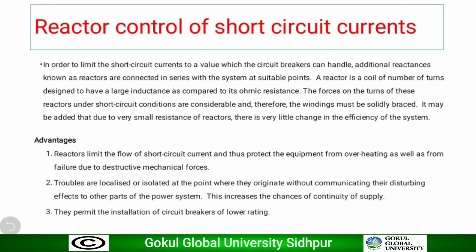Second, troubles are localized or isolated at the point where they originate without communicating their disturbing effect to other parts of the power system. This increases the chances of continuity of supply. They also permit the installation of circuit breakers of lower rating.